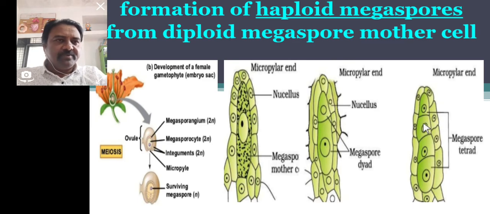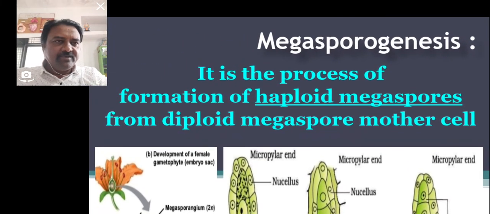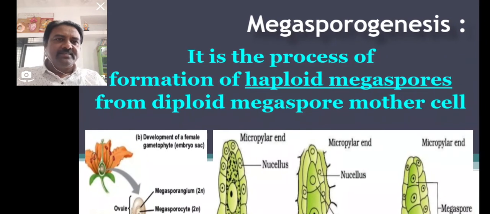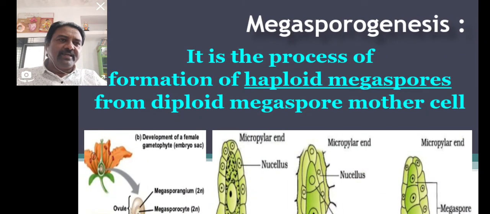Now we will see the concept here. What is megasporogenesis? Formation of megaspores from the diploid megaspore mother cell. In the previous lecture we saw the microsporogenesis process.